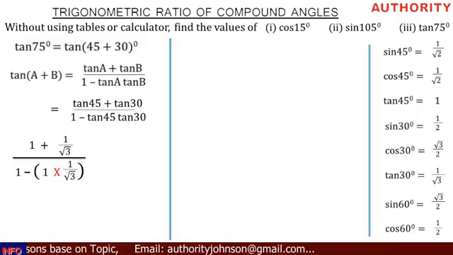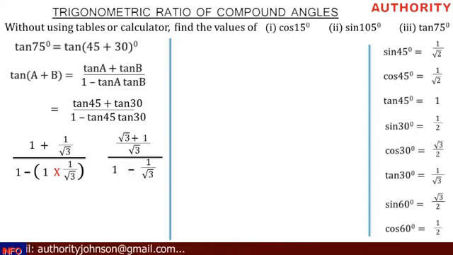So let's combine this together. We're going to just make use of the LCM. You get it? So let's assume that this 1 is the same as 1 all over 1. 1 all over 1 is the same as 1. Okay? So when we look for the LCM, LCM is going to give us root 3. So root 3 divided by 1 is root 3. Root 3 times 1 is root 3. So we have root 3 plus.